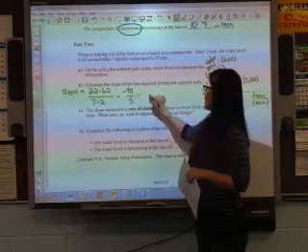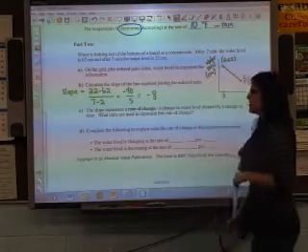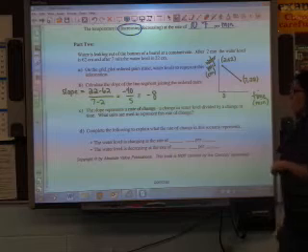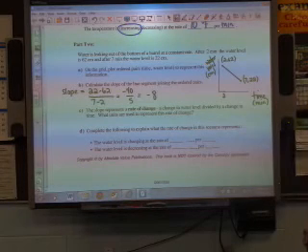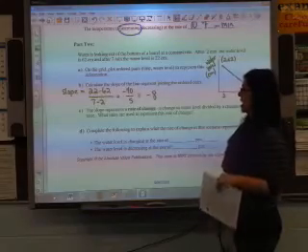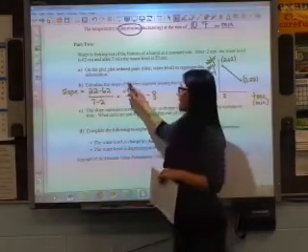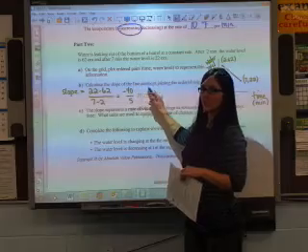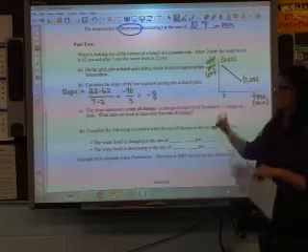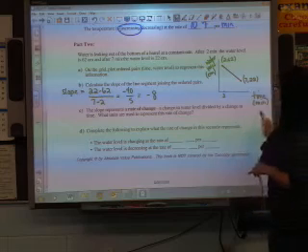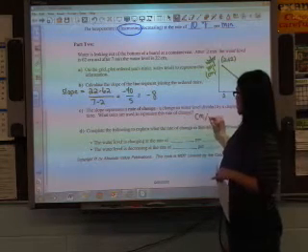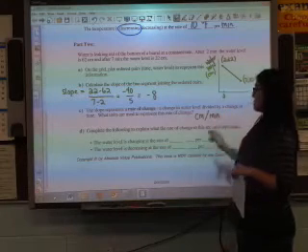Negative 8. This again also represents a rate of change: a change in the water level divided by a change in the time. So the units used to represent this rate of change, 40 is a difference in what measurement? Centimeters. And my 5 is in minutes. So the units would be centimeters per minute.